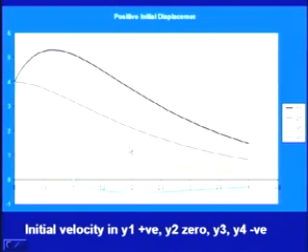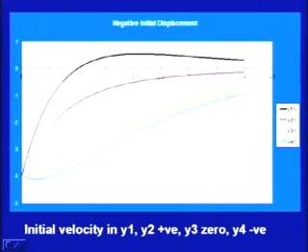Now, if I take the initial displacement to be negative, that is, if y 0 is negative, again I have taken a case when y 0 is minus 4. Again, with the second initial condition about the velocity, I have divided it into positive, negative and 0.